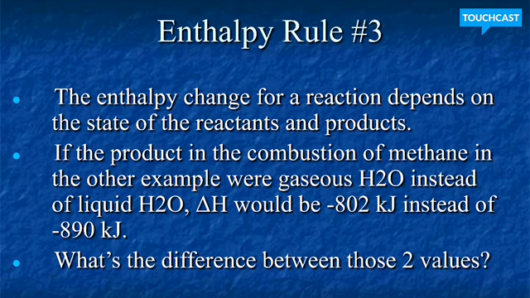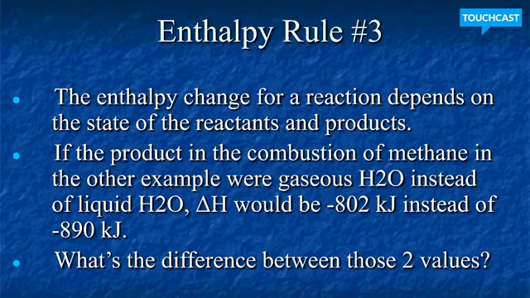If the product in the combustion of methane, in the other example that we just did, were gaseous H2O instead of liquid H2O, the delta H there would be negative 802 kilojoules instead of negative 890 kilojoules.